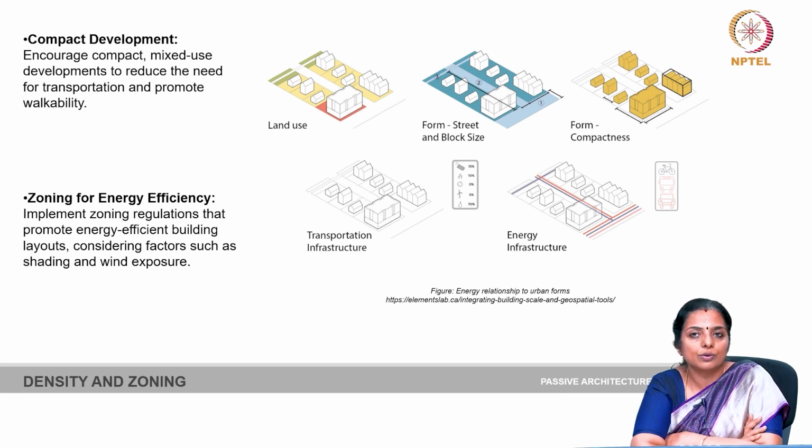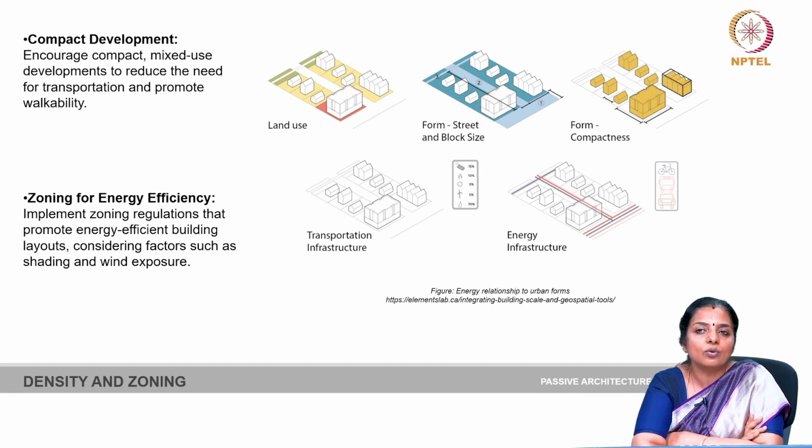When you have to optimize building orientation, zoning regulations can encourage or require buildings to be oriented in ways that maximize exposure to sunlight for passive solar heating during winter if need be, while minimizing heat gain in hot climates. They also aid in shading and wind control, because regulations may guide the placement of buildings to create shading and wind control strategies.